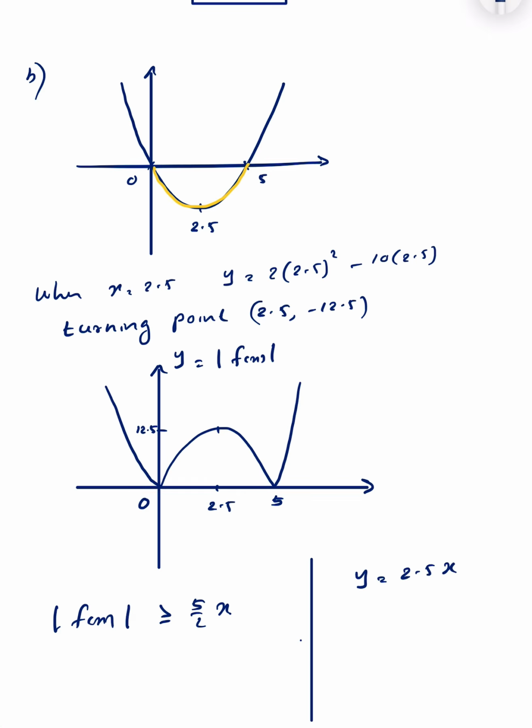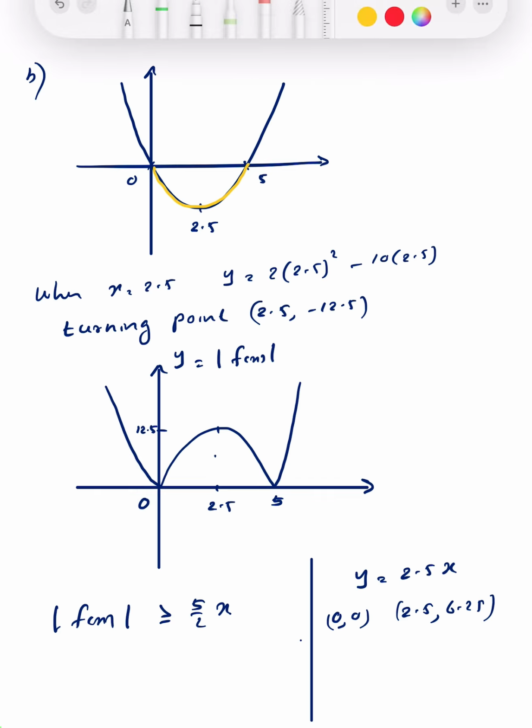So this one goes through 0 comma 0. Also, when x is 2.5, y can be 6.25. So that is a reference. Let's draw that graph. That should go through the origin, also go to that point, indicating there can be 3 intersection points.